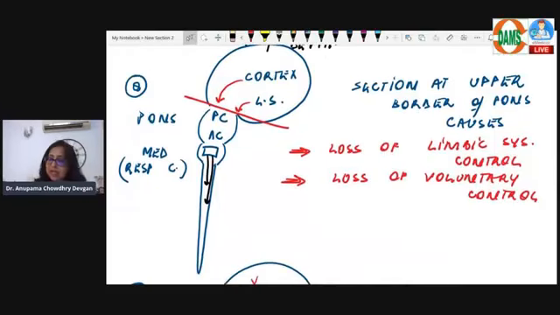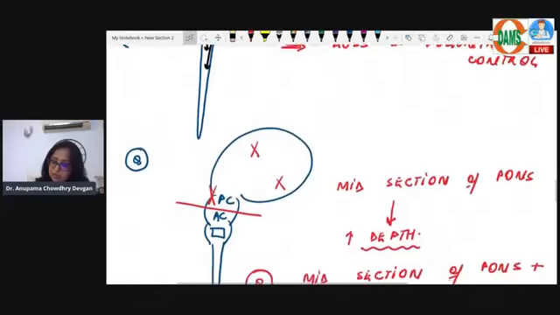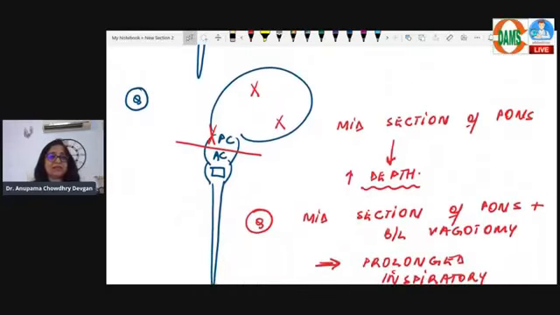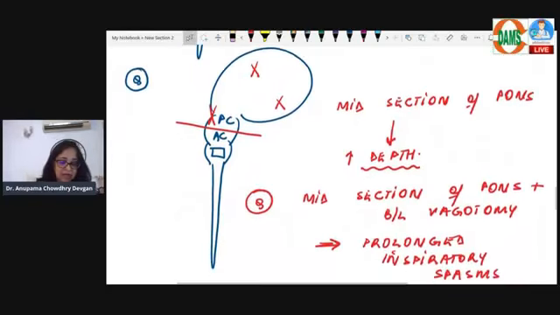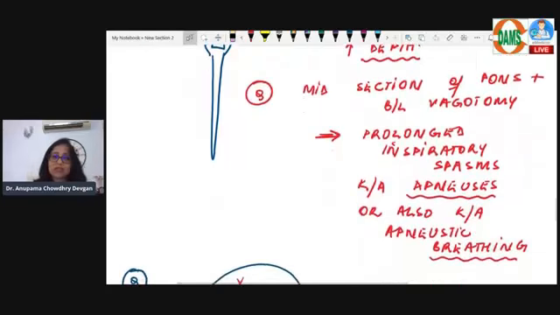If I do a section at the upper border of the pons, there is no loss of limbic system control or voluntary control. If I do a midsection of the pons, there is an increase in the depth of inspiration. If I do a midsection of the pons and a bilateral vagotomy, there are prolonged inspiratory spasms, known as apneuses, or apneustic breathing.